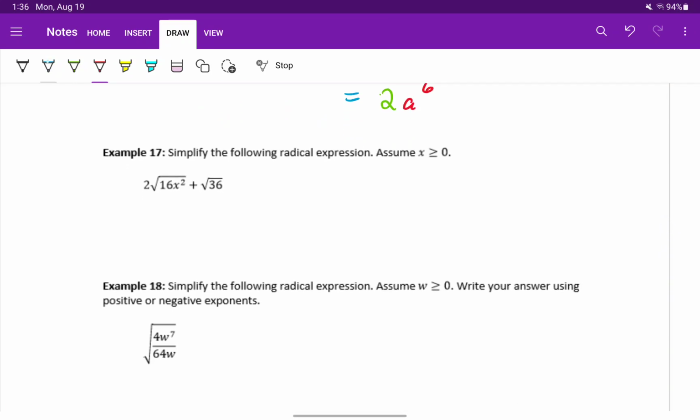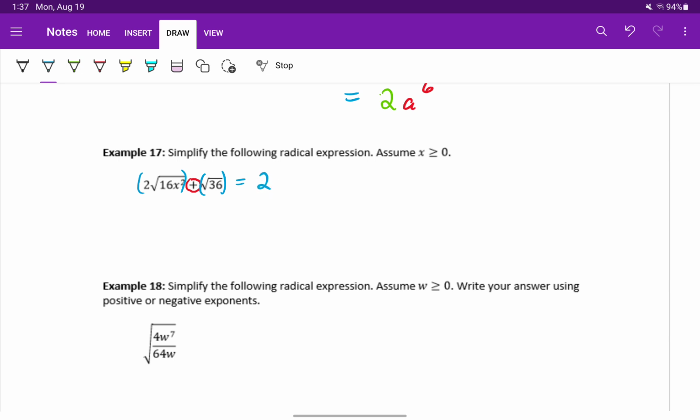In example 17, we have something a little bit different. We need to make sure we pay attention to the fact that we have this plus, this addition operation between those two radicals. That means that we can't combine those using the properties that we've established. Instead, what we'll do is look at tackling the first term and the second term separately, looking at what we can reduce and simplify.